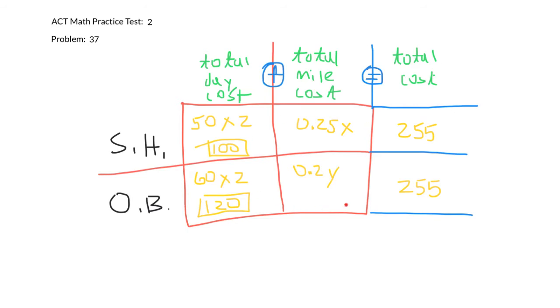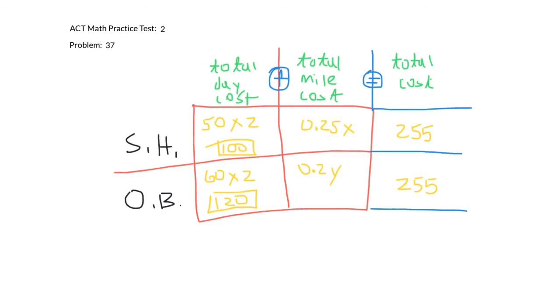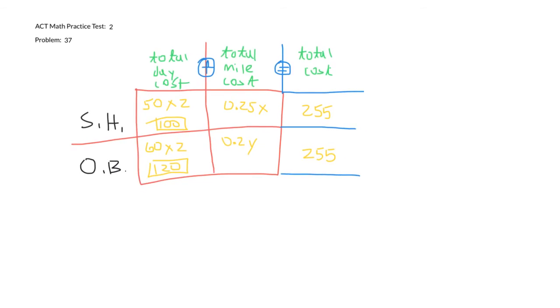So we've organized the information, and now we're able to very clearly see what equations we need to set up. One of the equations definitely has to do with the Seahorse Company, which basically says 100 plus 0.25x equals 255. That's one equation we can most definitely use to figure out what x is, right? Because we want to figure out the mileage you're able to do with the Seahorse Company.